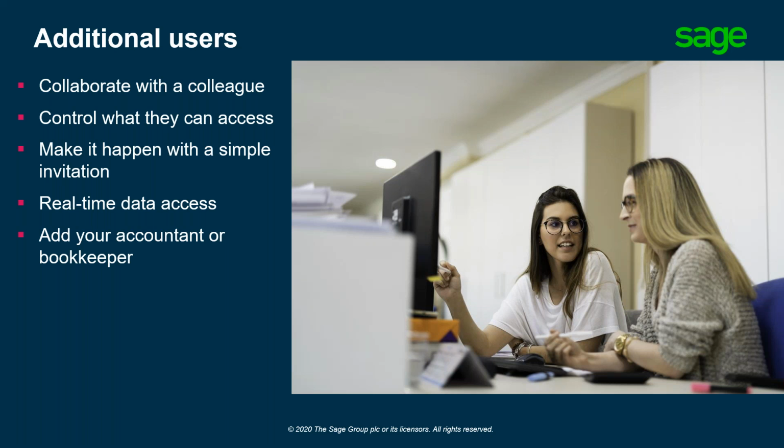When you set them up, Sage Business Cloud will send out a simple invitation email to them. And once they've logged in, it gives them real-time data access, so they can see all of the live information. It's very easy to add your accountant to Bookkeeper as well. So we'll quickly switch back and we'll run through another demonstration.